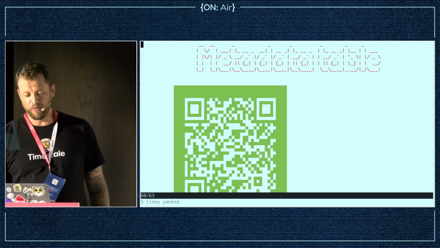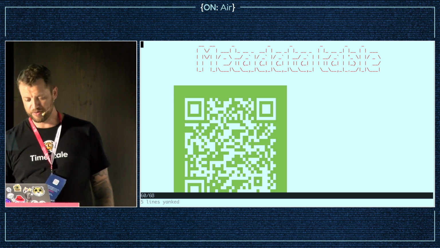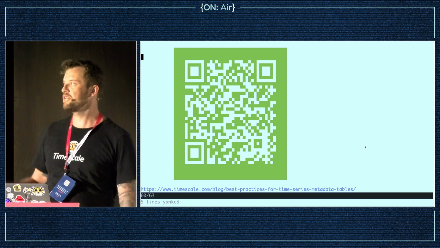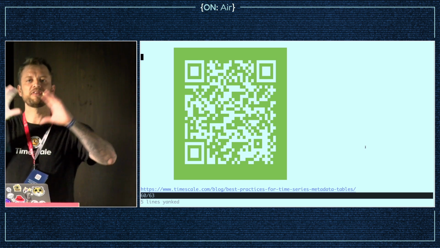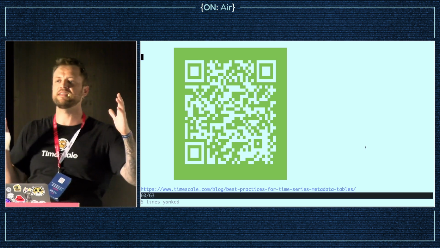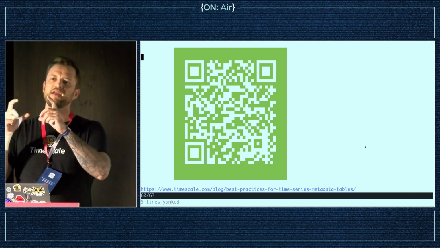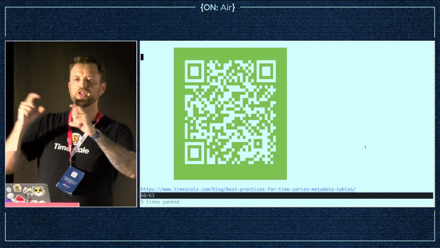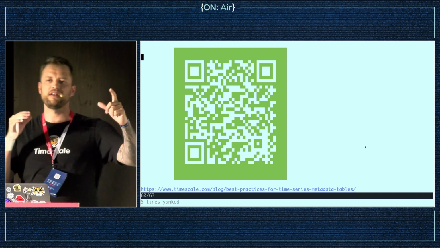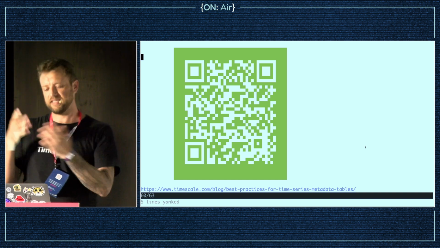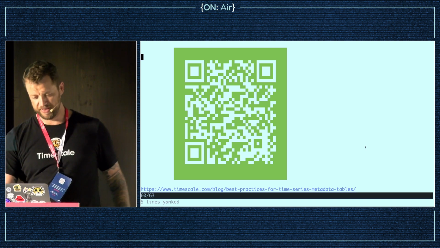If you are interested in having extra middle-term metadata, there is a very nice blog post about this intermediate state of data, and having metadata controlling when data is up to date, when data is not up to date, and this type of thing. It's also a very good recommendation.